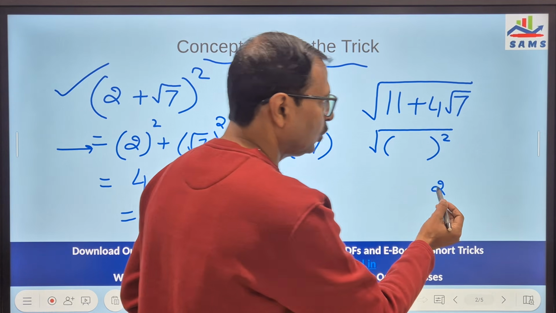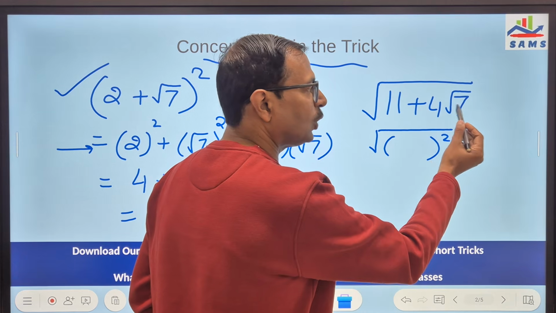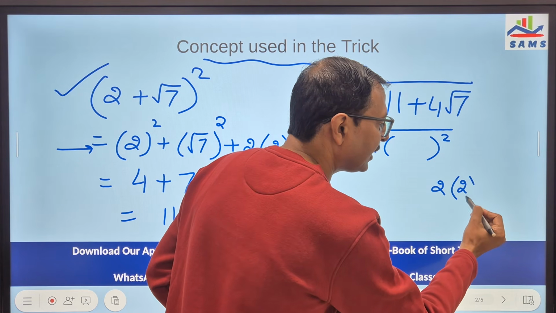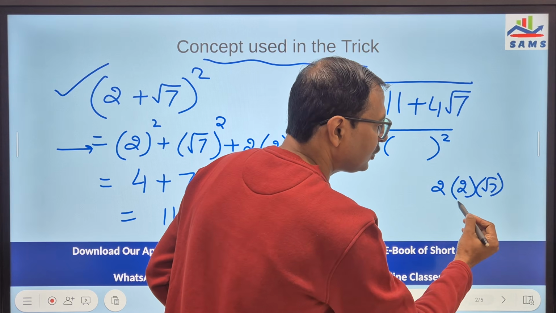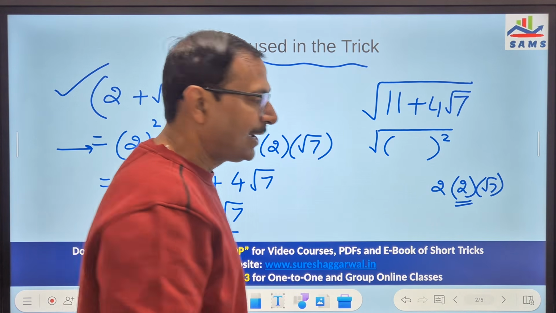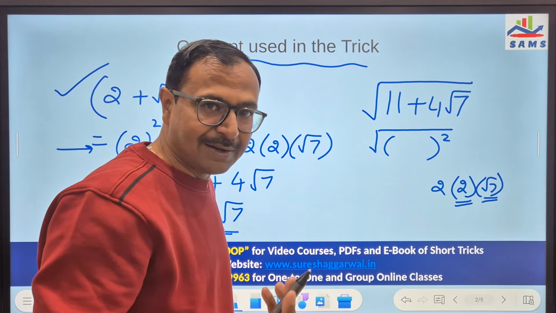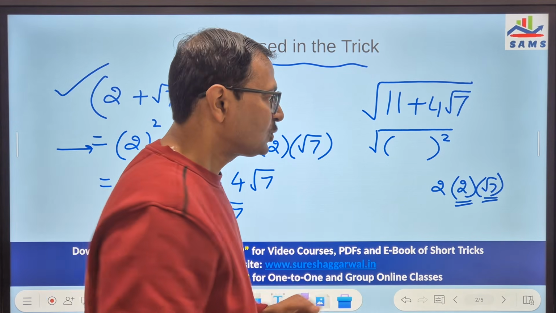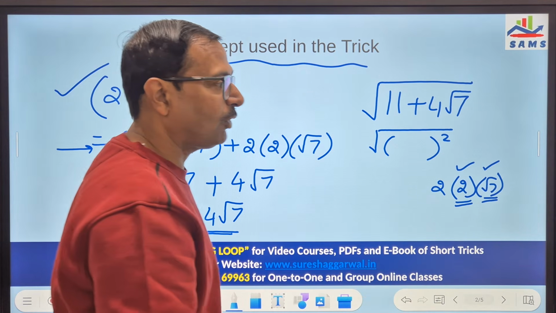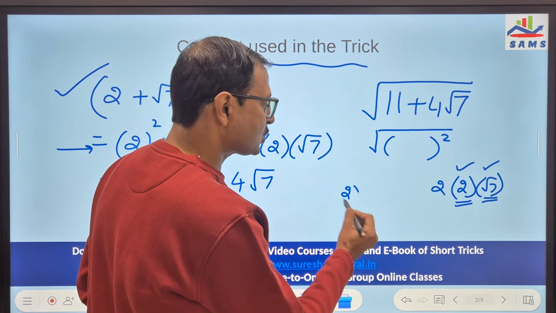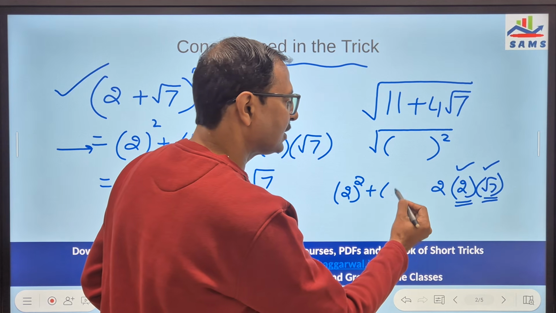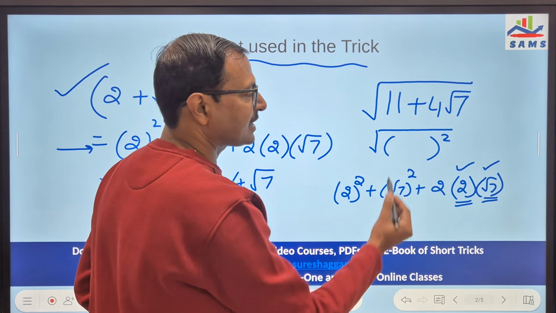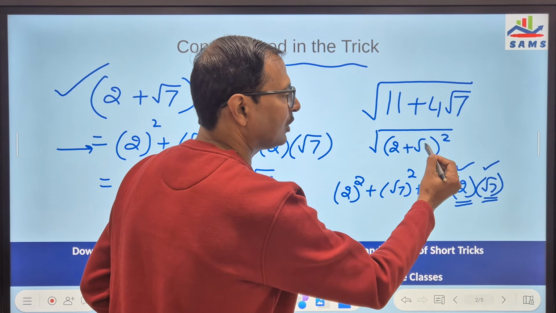So 2, and if I extract the 2 out of 4 root 7, it will become 2 and root 7. Now if you see 2 square is 4 and root 7 square is 7, and 4 plus 7 is number 11 here. So these two brackets which you have obtained will become the square terms, that is 2 square plus root 7 square, and therefore this entire thing gets converted to 2 plus root 7 whole square.